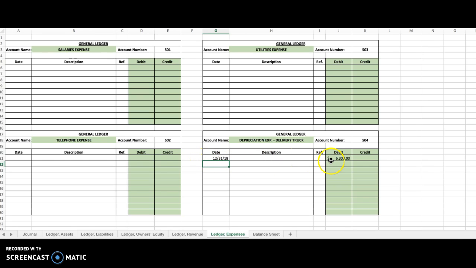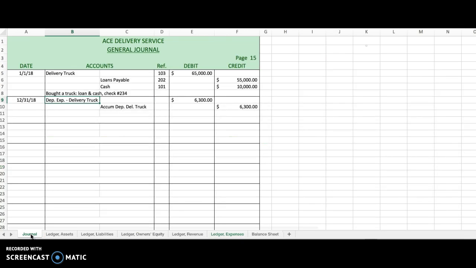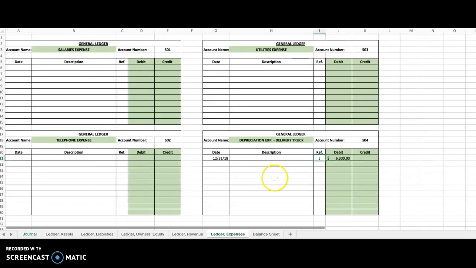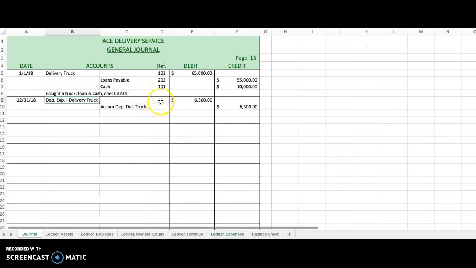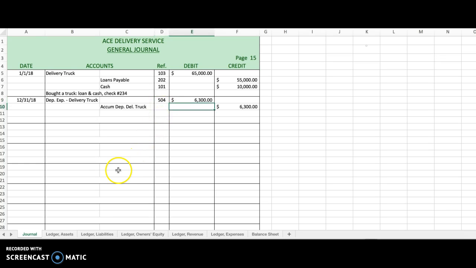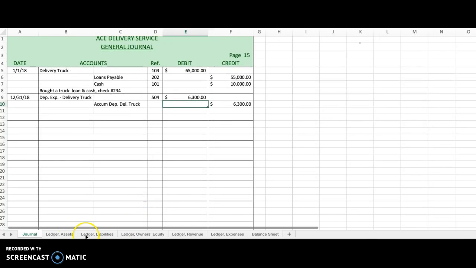That's where expenses are shown as far as financial statements. I have to check my journal page. This is J15, and the account is 504. So we put that account number in, and the credit part is accumulated depreciation, $6,300.